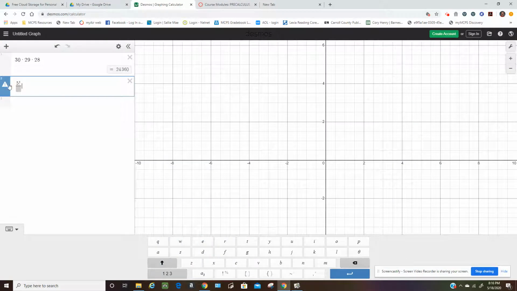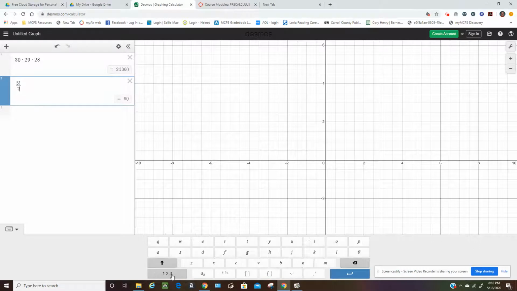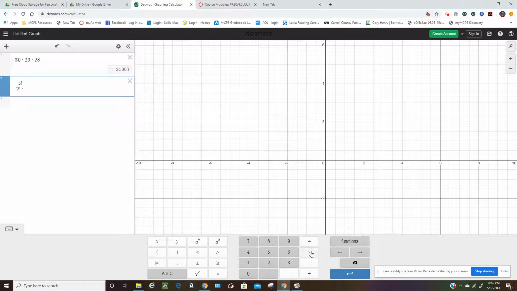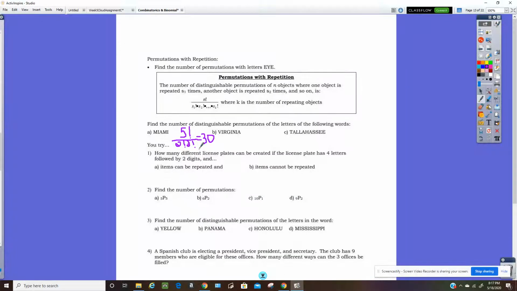And 2 factorial times 2 factorial in the denominator. So I get 30. And that's what I wrote here, 30.